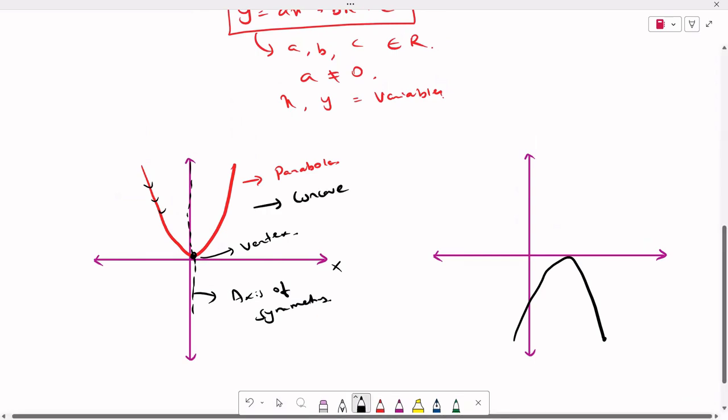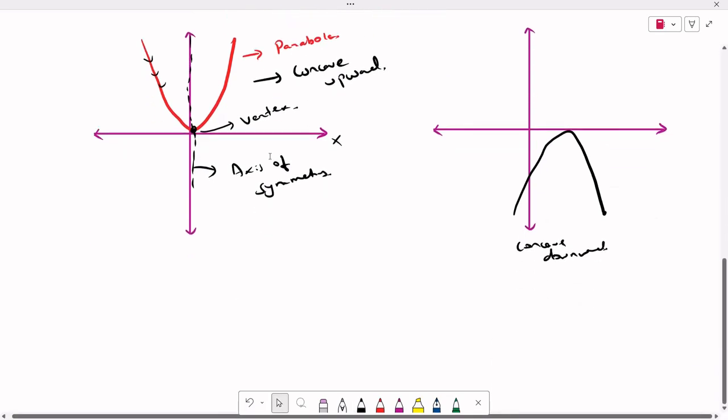And this over here is your concave downward parabola. Whenever the parabola crosses the y-axis, we get something known as a y-intercept. And whenever a parabola crosses the x-axis, we get something known as an x-intercept.